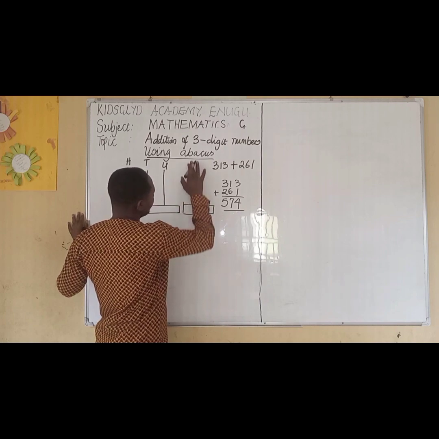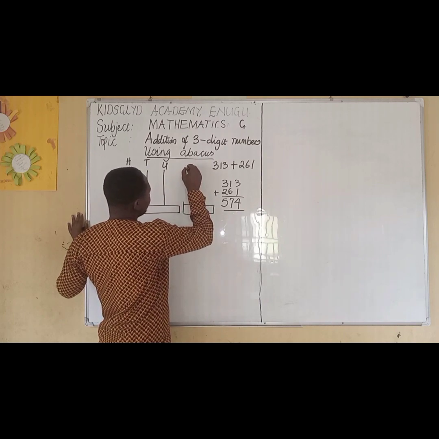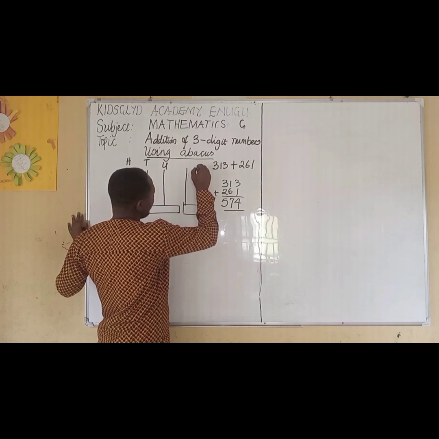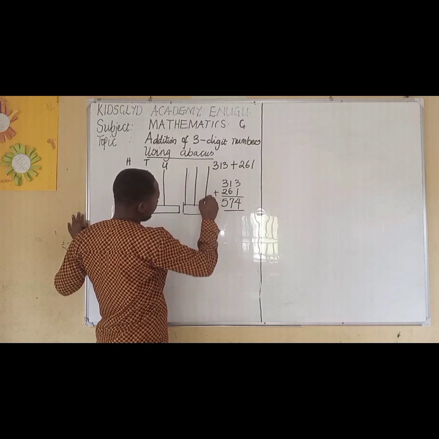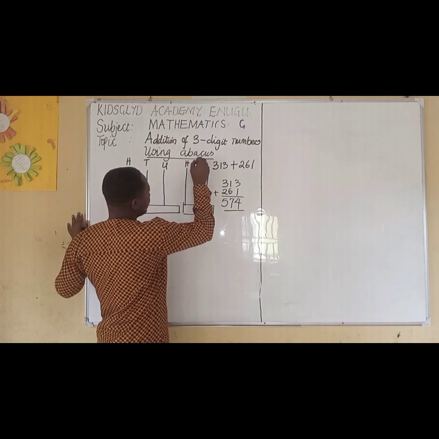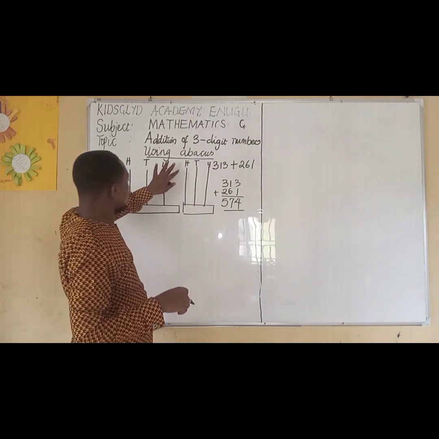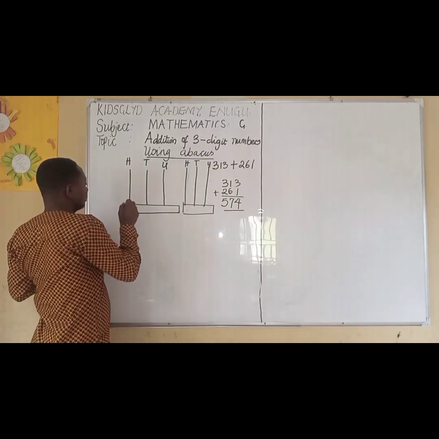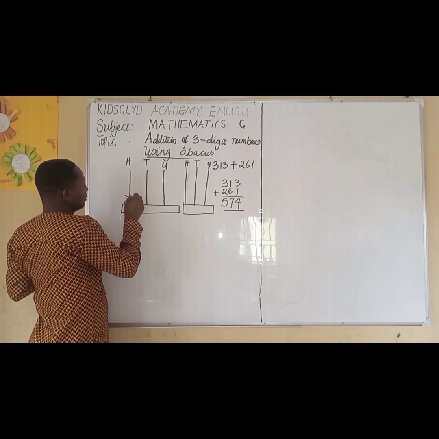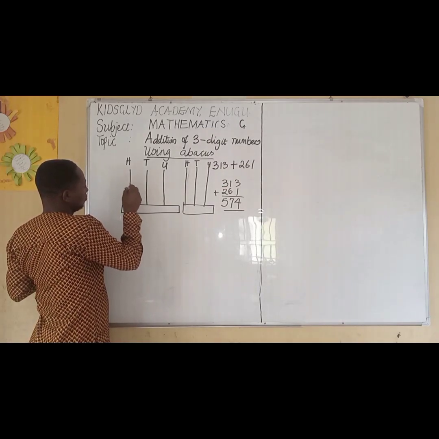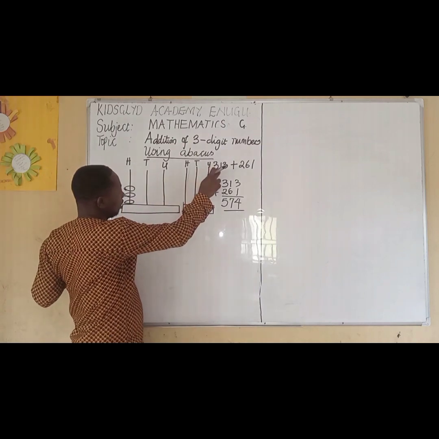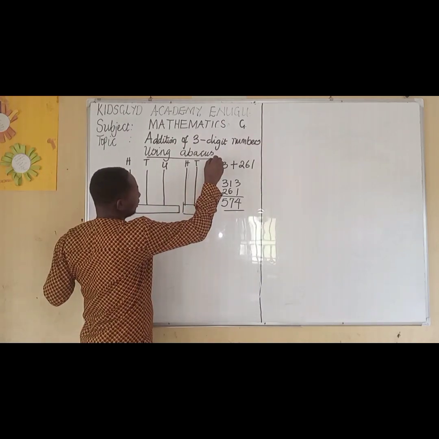This is the first abacus. Sorry, this is the second abacus. We have our hundreds, tens, and units. Now, the first one is for what? 313. We have our 3 here, 1, each of these are for hundreds, tens, and units.